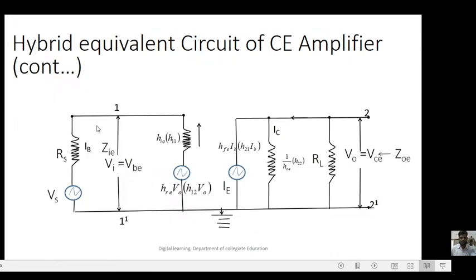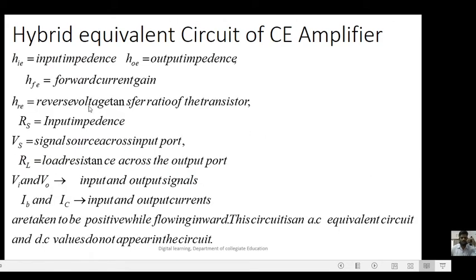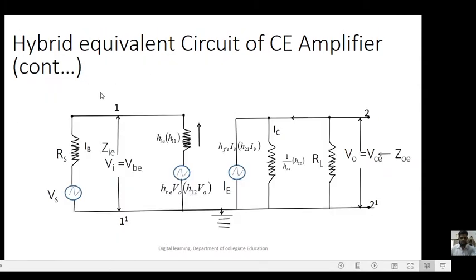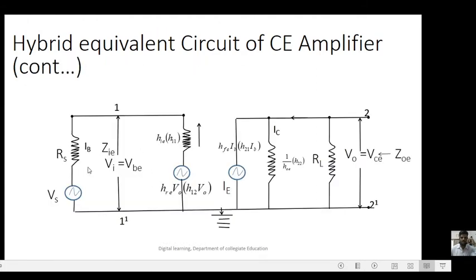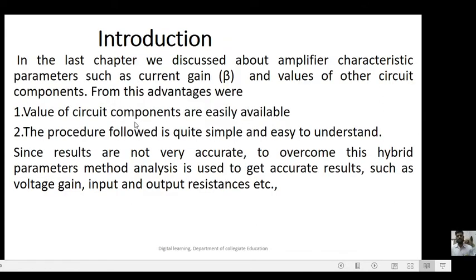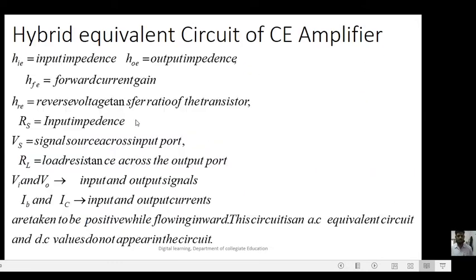HIE is the input impedance, HRE is the reverse voltage transfer ratio of the transistor, RS is the input resistance, and VI is the input voltage measured from ground to the base of the CE amplifier. HFE is the forward current gain.